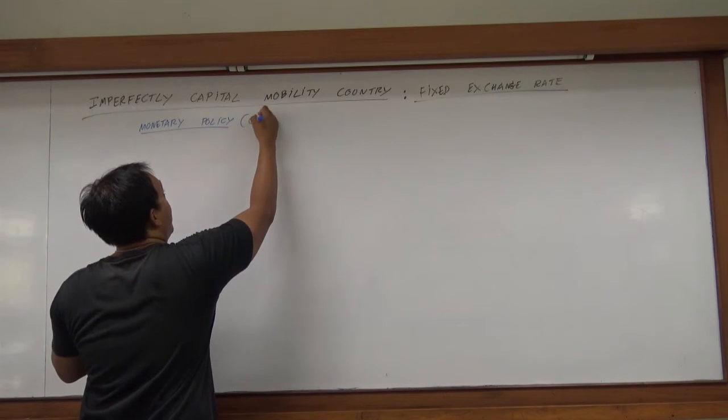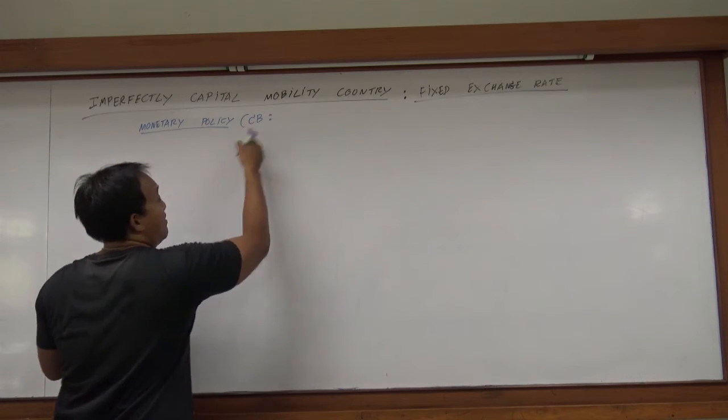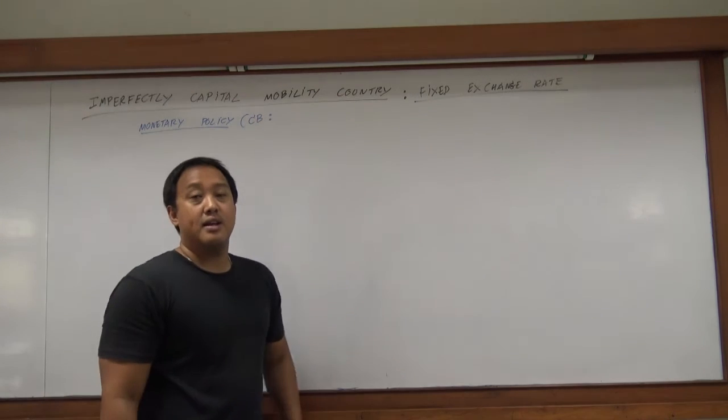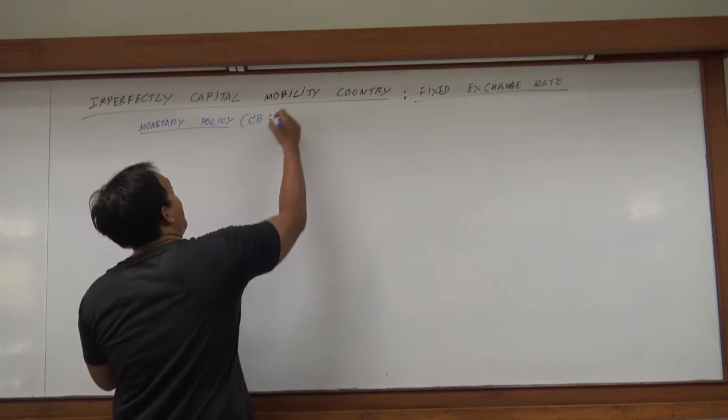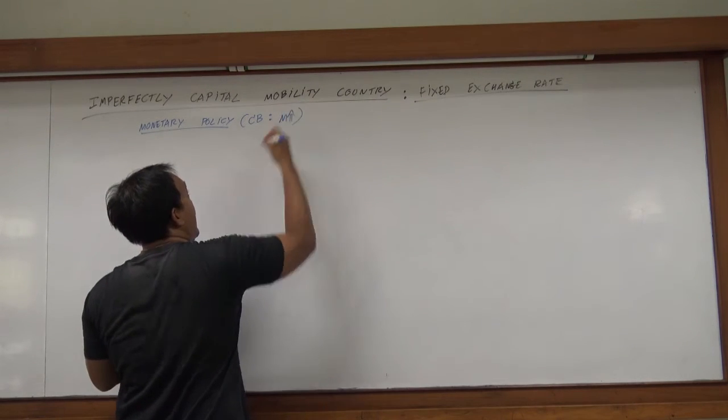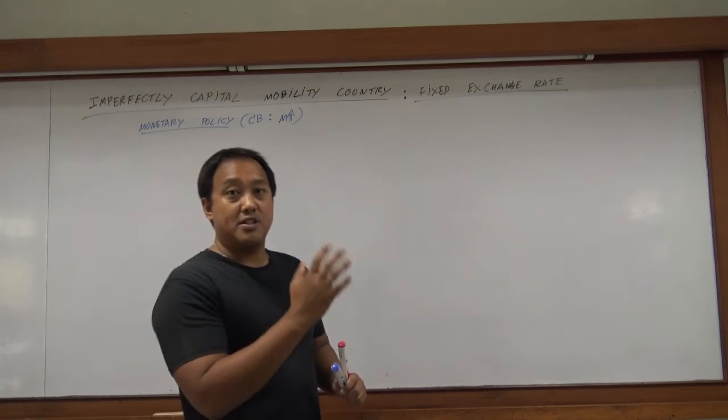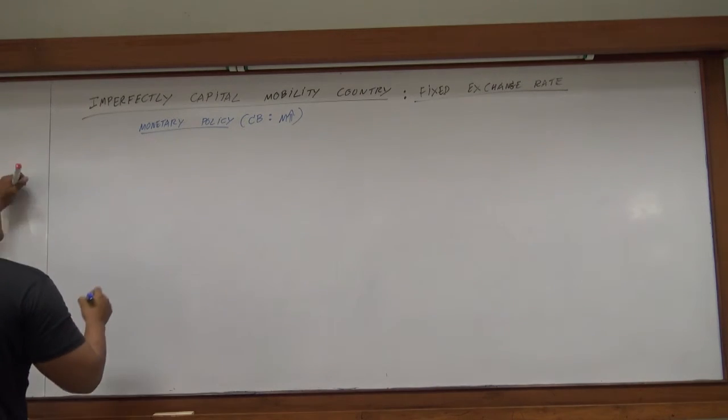Monetary policy is a policy of the central bank. CB stands for central bank. The central bank can stimulate the economy by injecting more money into the economy, increasing M.